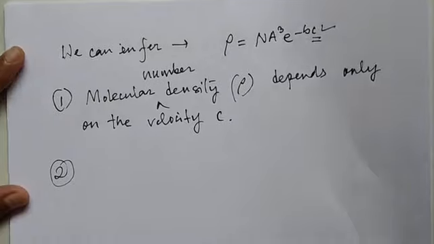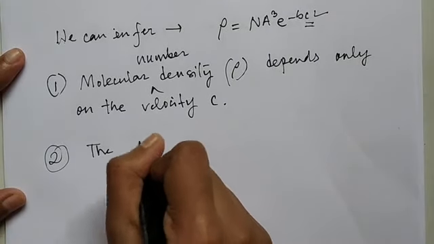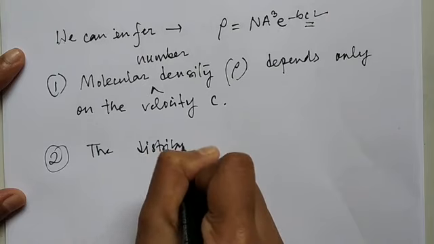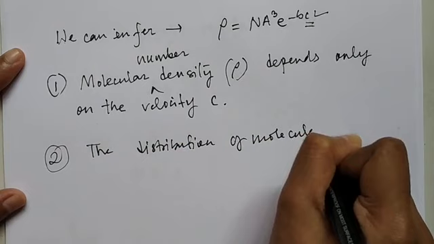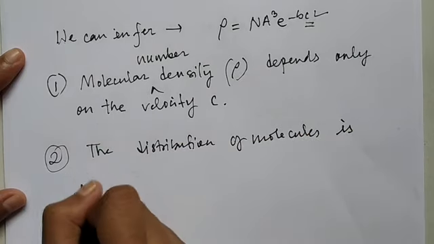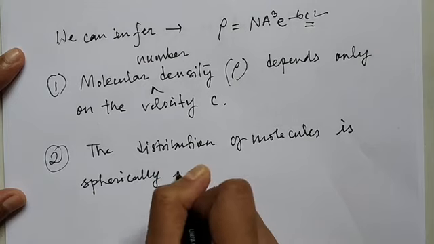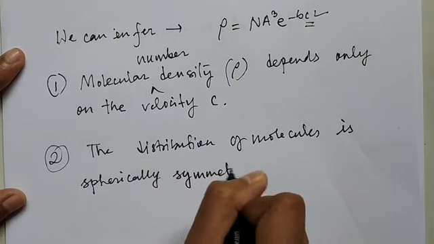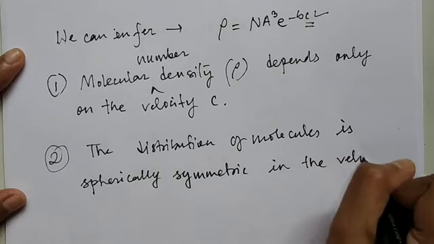Number 2, the distribution of molecules is spherically symmetric in the velocity space.